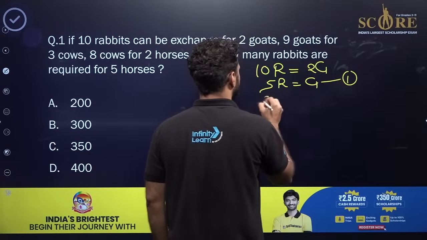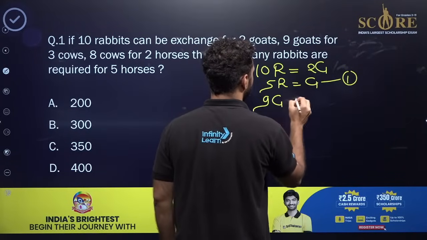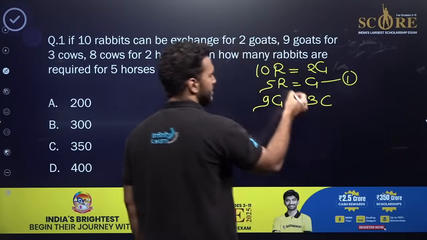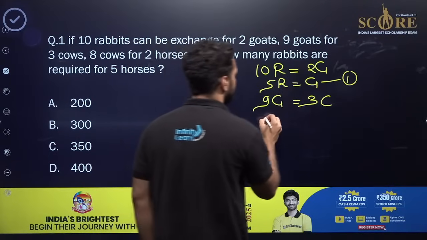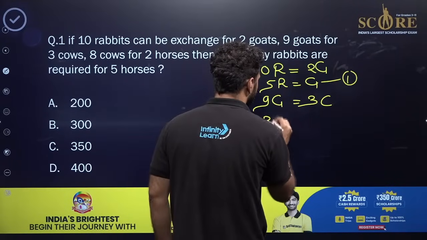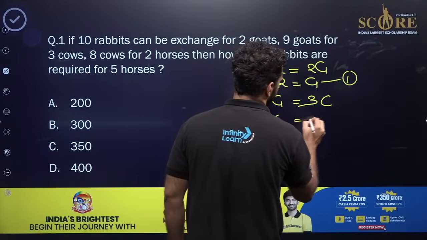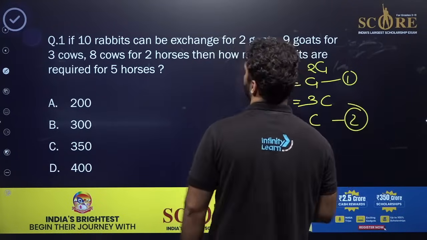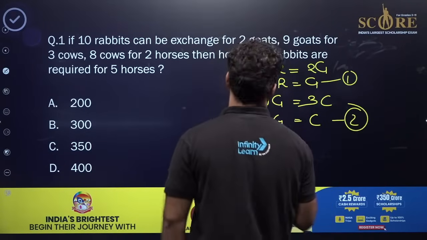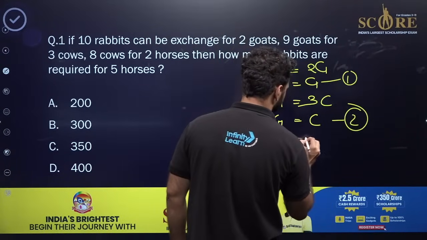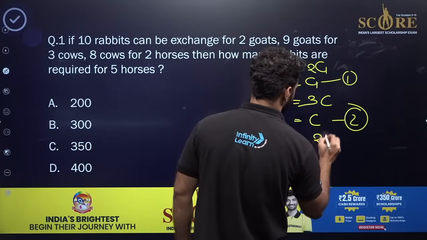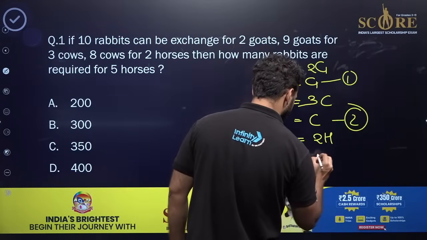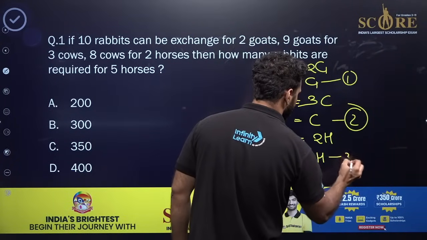Can I say this 3 will cut down with 9 and I will get 3 goats equal to 1 cow? Equation 2. Next, 8 cows is equal to 2 horses. Can I say 4 cows will be equal to 1 horse?